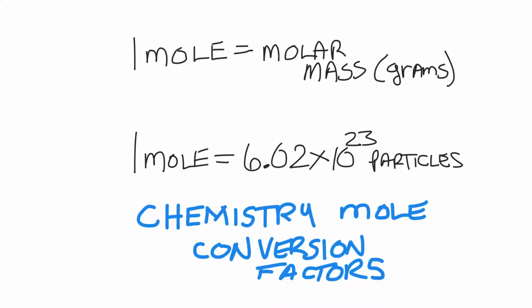So if I weigh out a molar mass of material in grams, that molar mass contains 6.02 times 10 to the 23rd particles. So these are the 2 conversion factors that we're going to be using in the next series of slides to go from moles to grams, grams to moles, particles to moles, and moles to particles.